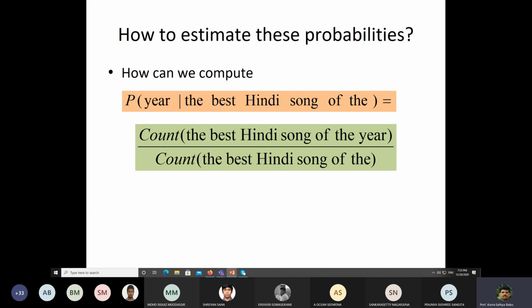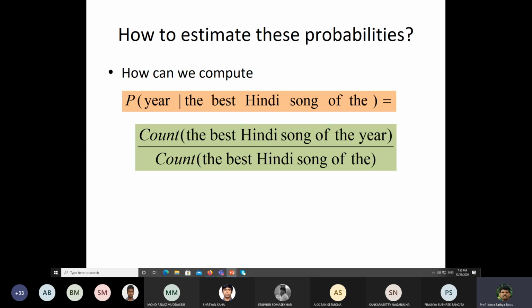In a corpus, if you take a big corpus, may it be the Brown corpus, the Penn Treebank corpus, or any other data set taken from the training data, the general way of computing the probability is the count of "the best Hindi song of the year" divided by the count of "the best Hindi song of the". This is how we estimate the probability of the next occurring word.